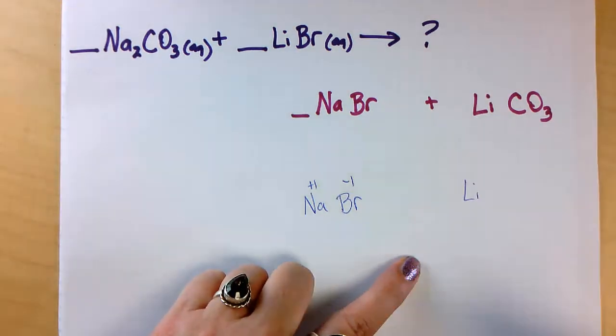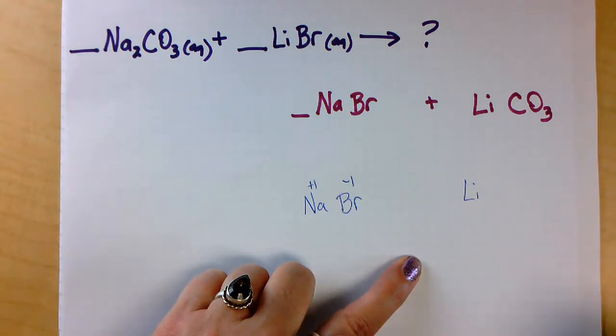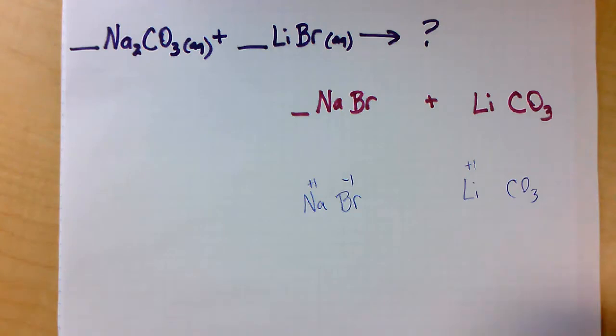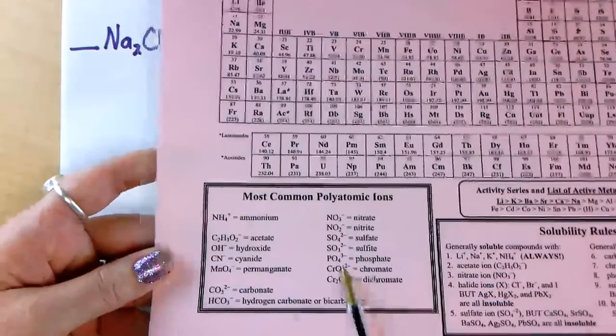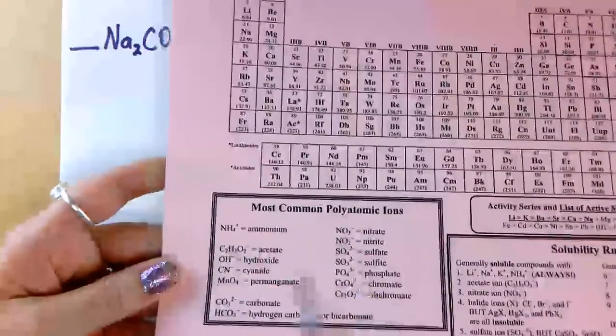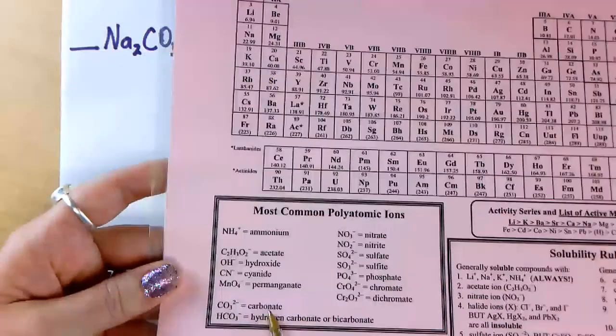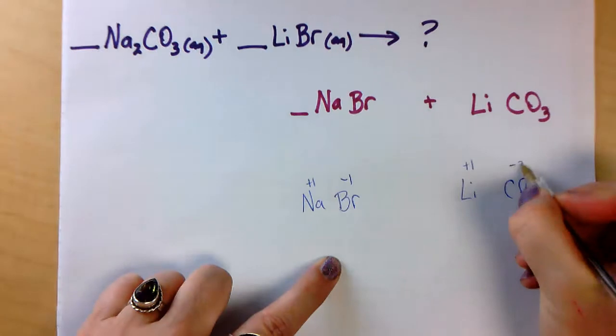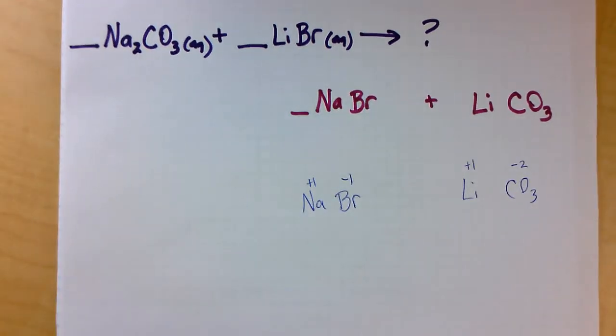What about Li? What's the charge on that? It's in the first column. +1. What about carbonate? CO3. Well, we looked at that earlier. It's one of our polyatomics. There it is. CO3 carbonate has a -2 charge. All right, +1 -2. Oh, that does not add up to 0.